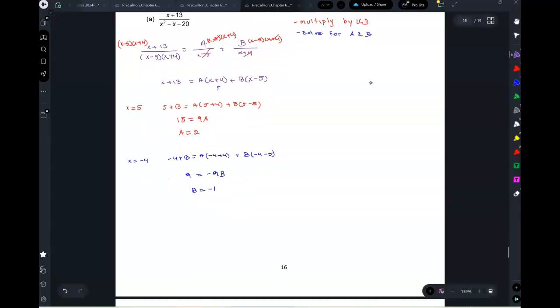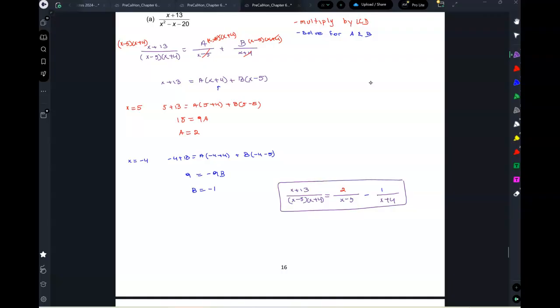So now our fraction is equal to A, which is 2 over x minus 5, plus B. But what's B? It's minus 1, so I put the minus here, 1 over x plus 4, and there you have it. We're done.